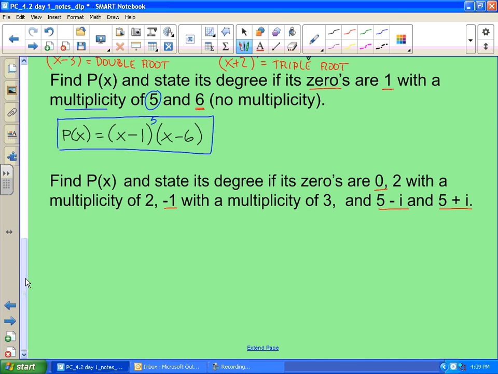Oh, I forgot one of the zeros. 2 is also a zero. 2 has a multiplicity of 2. -1 has a multiplicity of 3. 0, 5 minus i, and 5 plus i have no multiplicity.